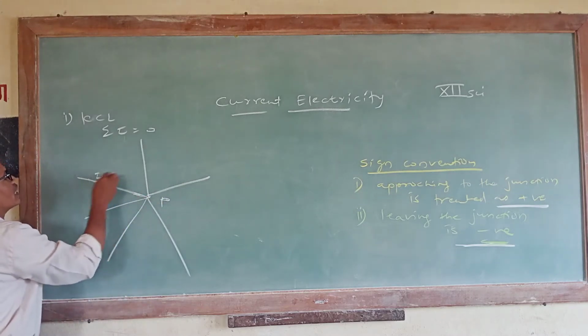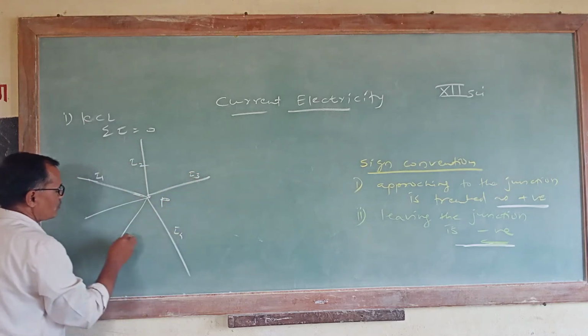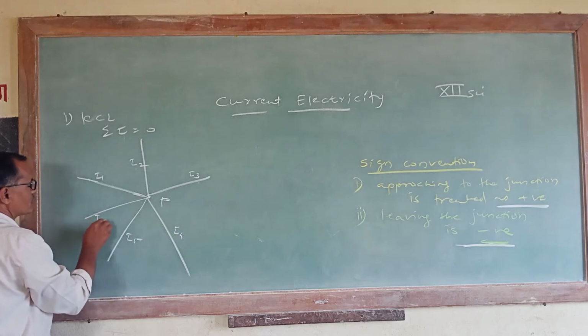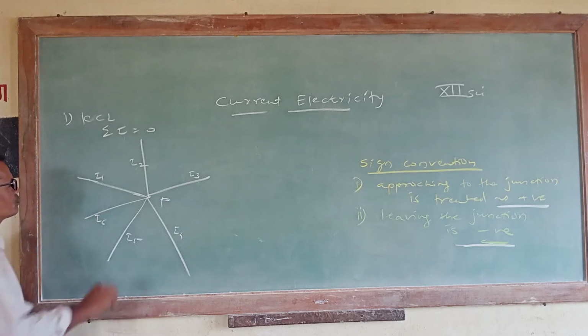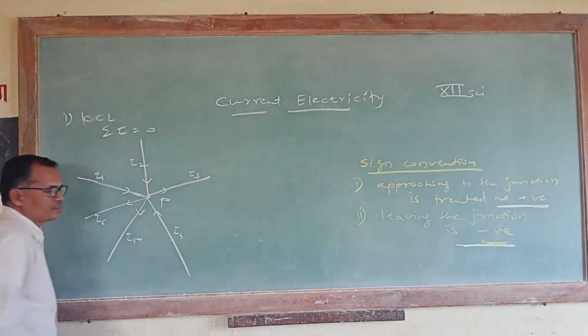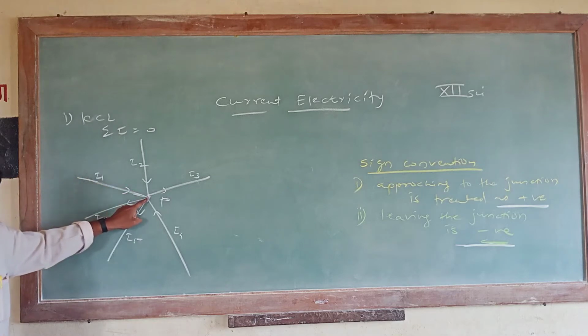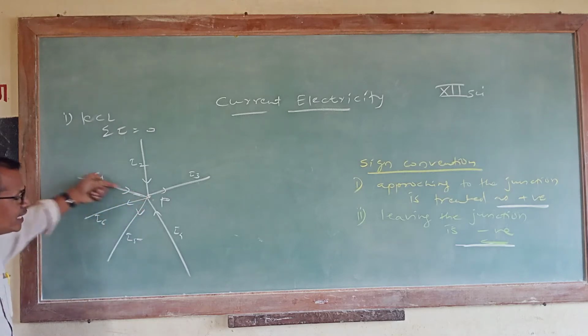Suppose this is the current I1, this is I2, this is I3, this is I4, this is I5, and this is I6. These are the currents. Suppose that these are their signs, or their directions. Now the current I1 is approaching the junction, means I1 is incoming.